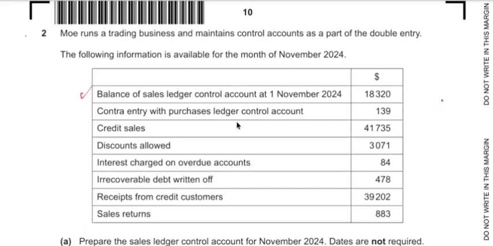The next entry is contra entry with purchase ledger control account. Now we know that this will go on the credit side of your purchase ledger control account, so I'll just write CR over here. We have credit sales, so credit sales always go on the debit side. We have discounts allowed, and anything that will be reducing the value of credit sales will be going on the credit side.